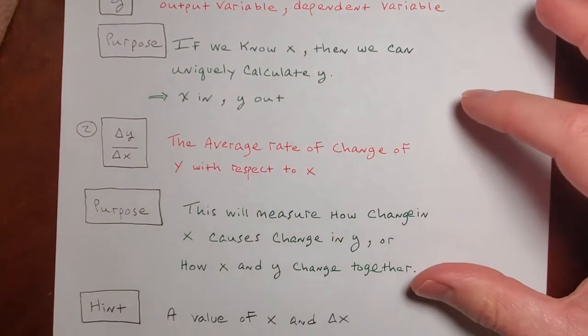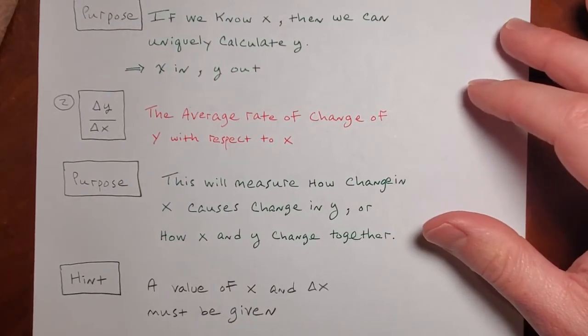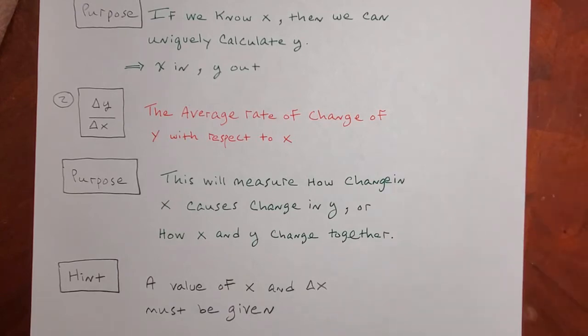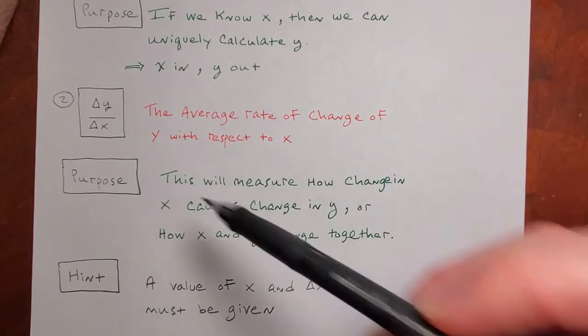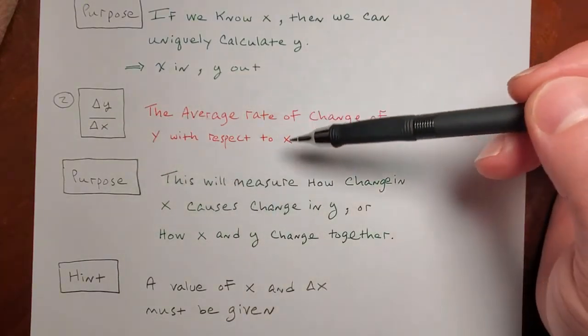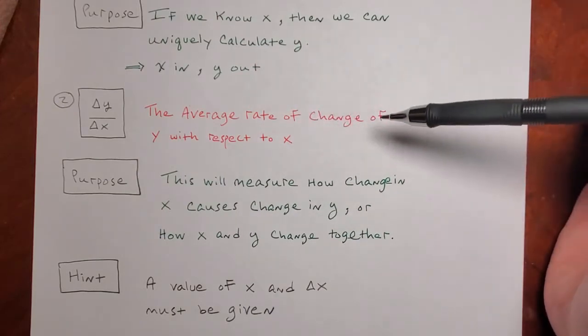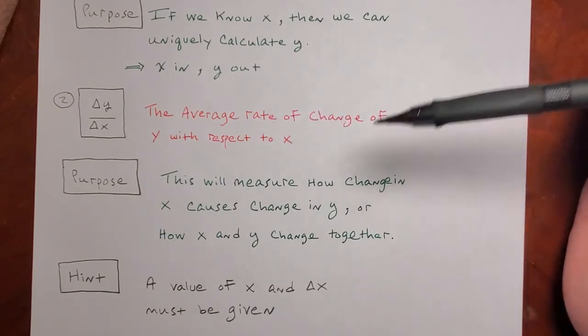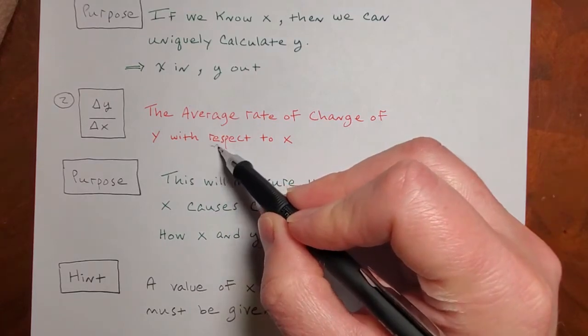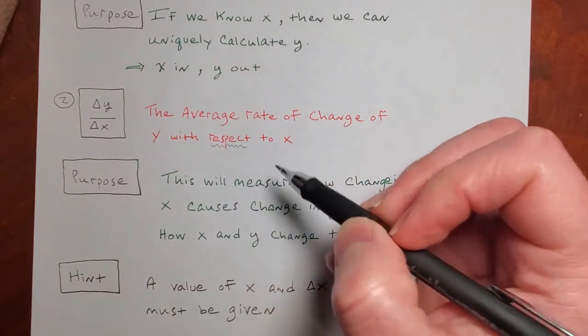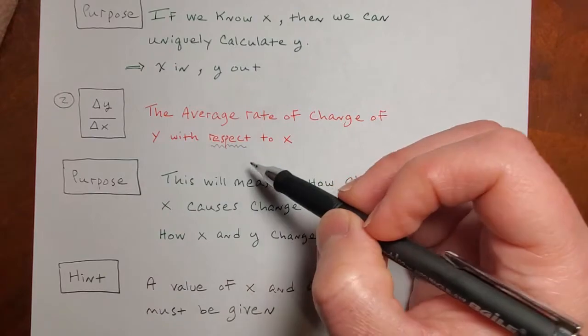Second thing on the list, the average rate of change. So we write that with the symbol delta y over delta x. And you would say that that's the average rate of change of y with respect to x. I mentioned in another video, I don't remember where, why do we say with respect to?